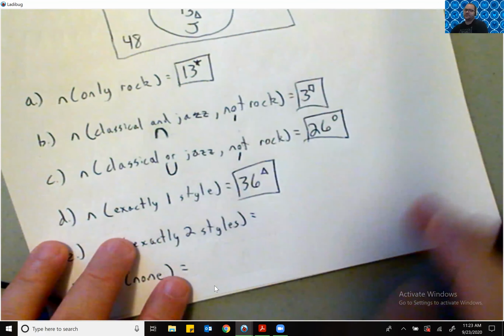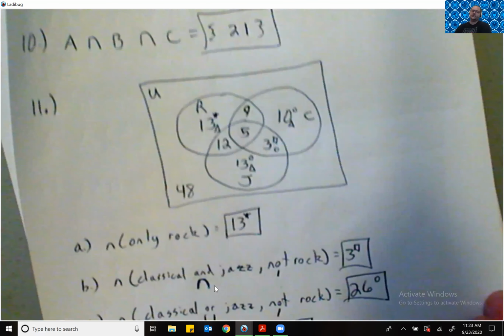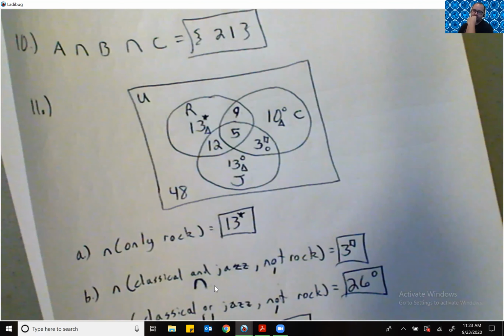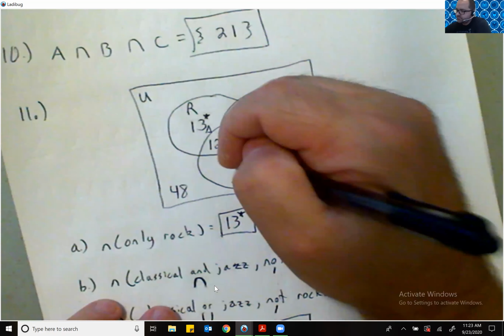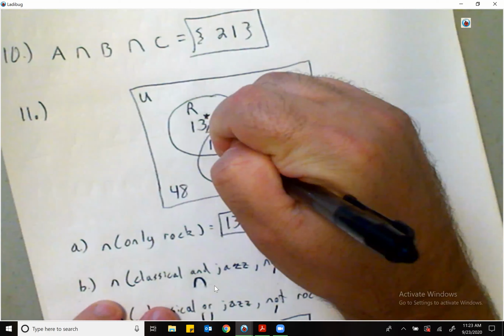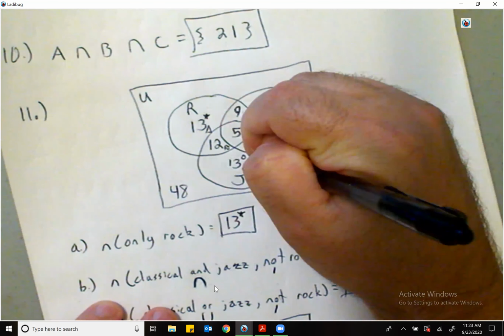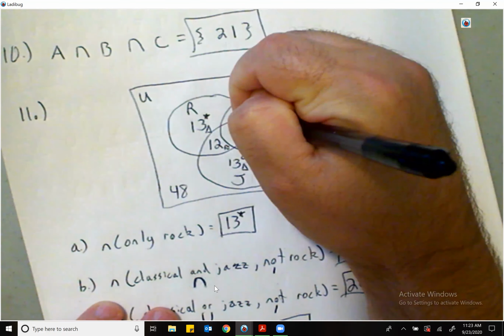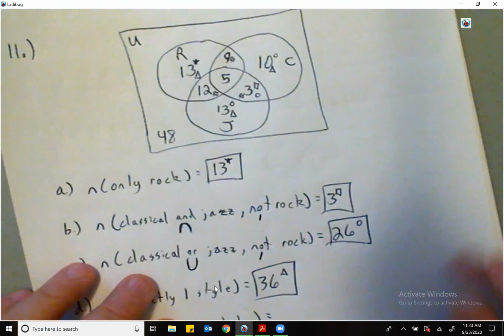Two styles. What numbers deal with two styles? 12, 9, and 3. Perfect. It's a bit like a color wheel, you know, like you've got your primary colors, you've got your tertiary colors. And 12, 9, 3 would be kind of like tertiary colors. Yep.